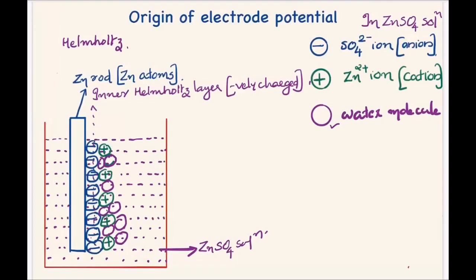So we got now a layer of solvated positively charged cations. We got a layer which consists of positively charged solvated zinc ions, and we call that layer as outer Helmholtz layer, and this layer is positively charged.